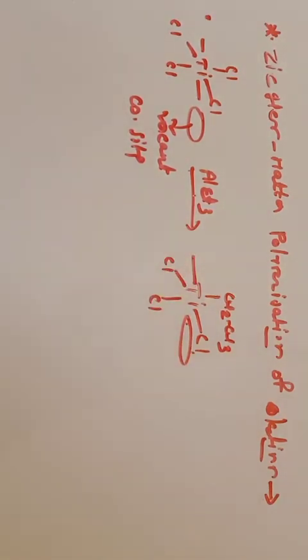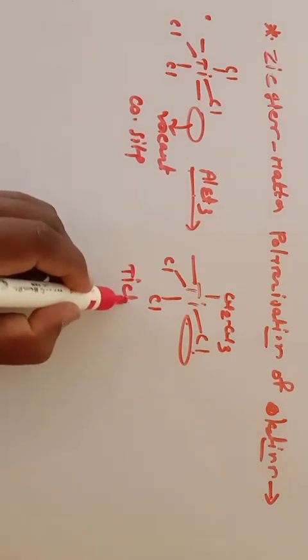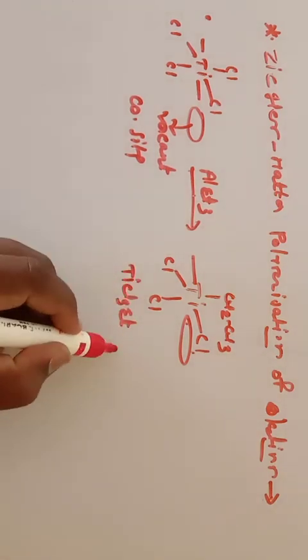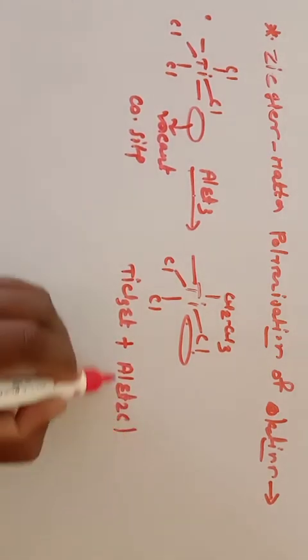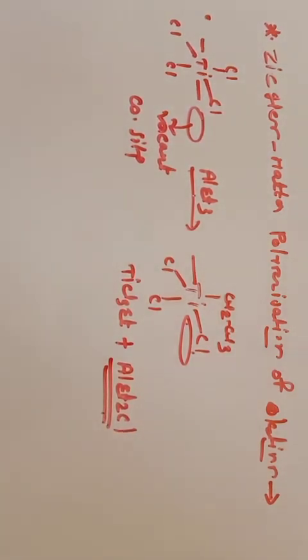And we also get AlEt2Cl. So in the first step of this mechanism, TiCl4 reacts with triethyl aluminum, and there is a replacement of one chlorine from titanium by the ethyl of triethyl aluminum.